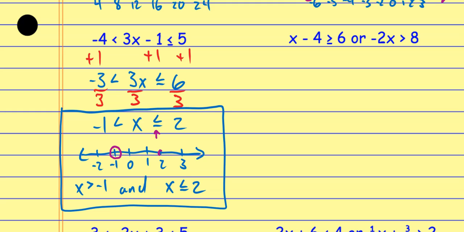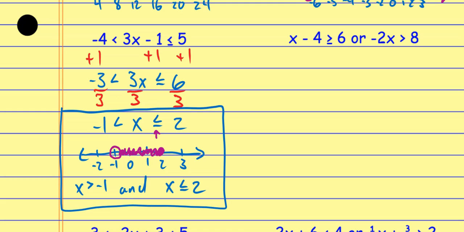Right here, 2 gets the closed dot because there is an equal to condition. And x is in between those. I shade in between. Okay? And I'll get the same thing if I graph the inequalities individually and say, hey, where do they overlap? What do they share? All right? But when it's in this special format, graphing is easier because it's showing me that x is in between these two values, so I shade in between.